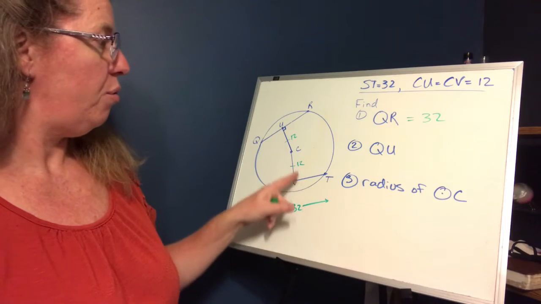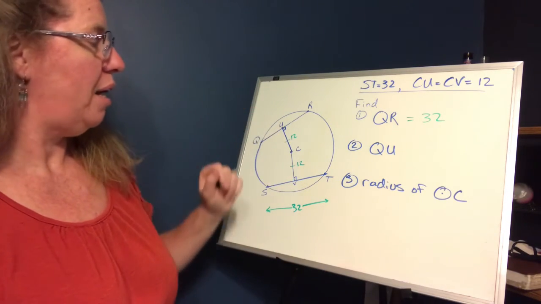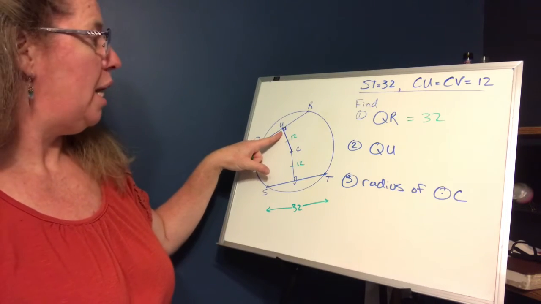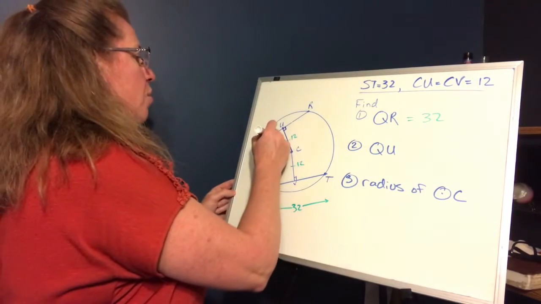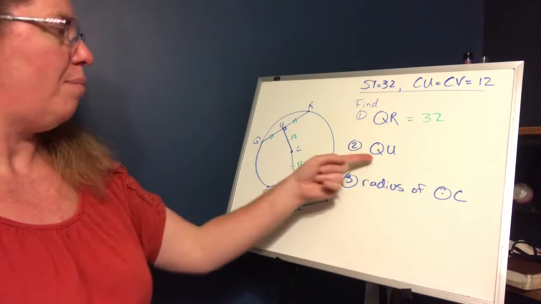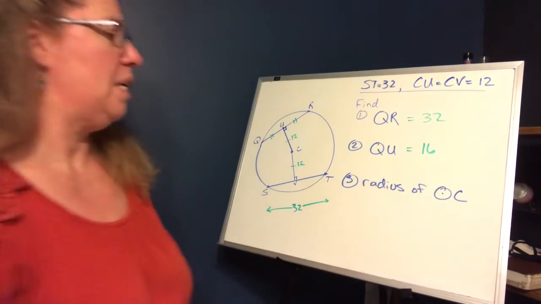We're going through the center, and we learned earlier that when a diameter cuts a chord perpendicularly, it cuts it in half. So we know these 2 sections are congruent as well. That makes QU half of 32, or 16.